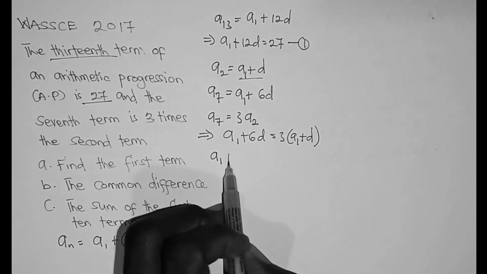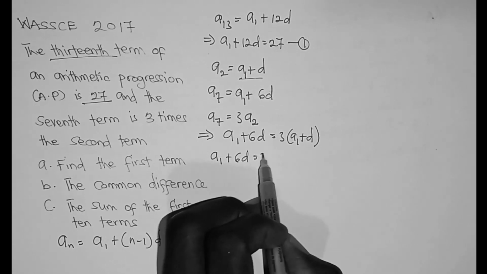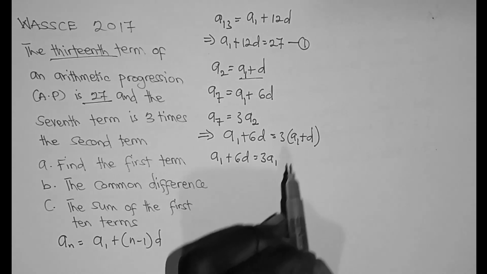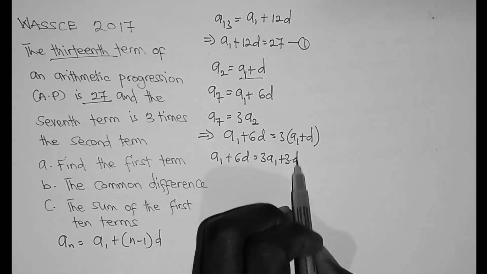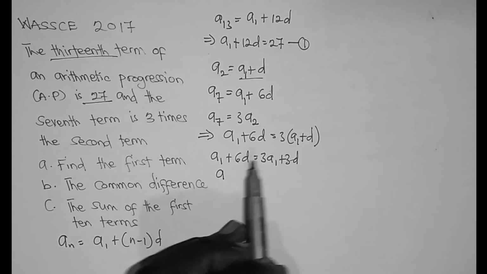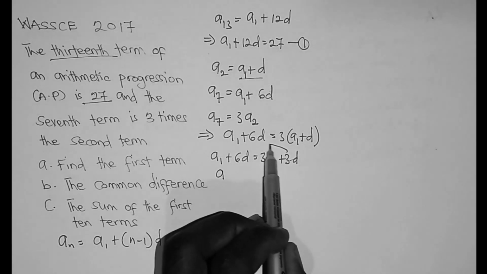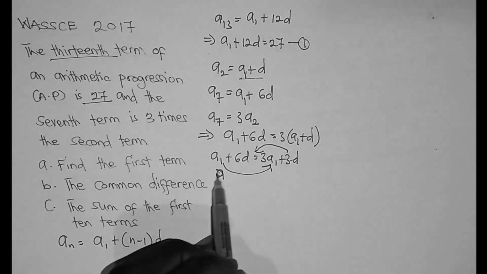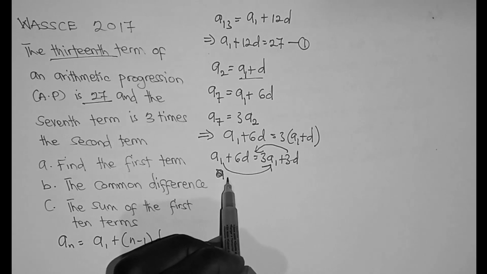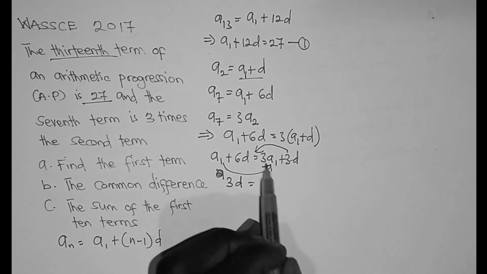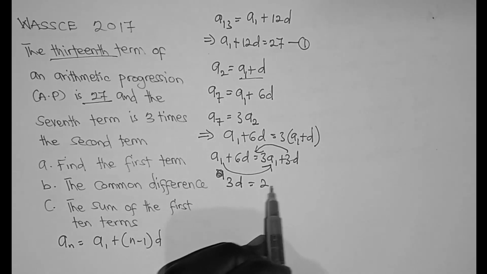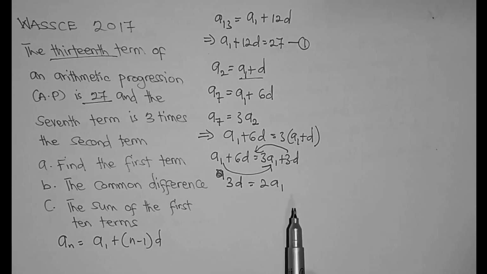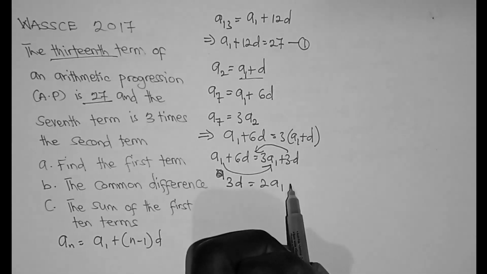I'm expanding this: 3 times A1 is 3A1, plus 3 times d is 3d. I'm taking 3d to this side and bringing A1 to this other side. So 6d minus 3d gives 3d equals 3A1 minus A1 equals 2A1. So 3d is equal to 2A1. This becomes equation 2.